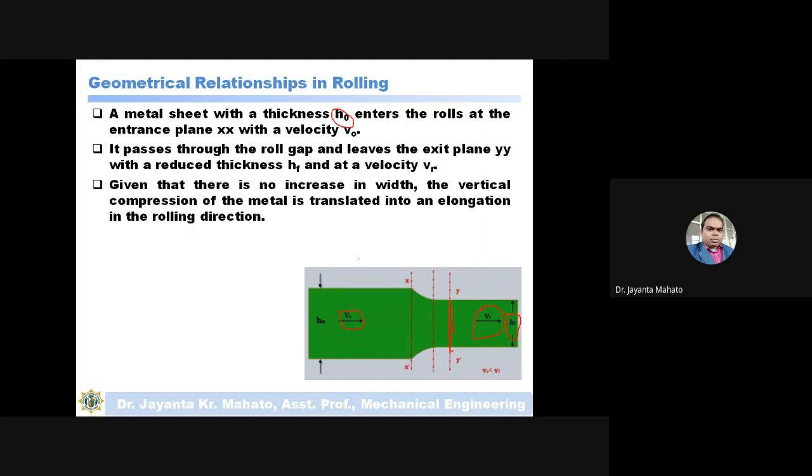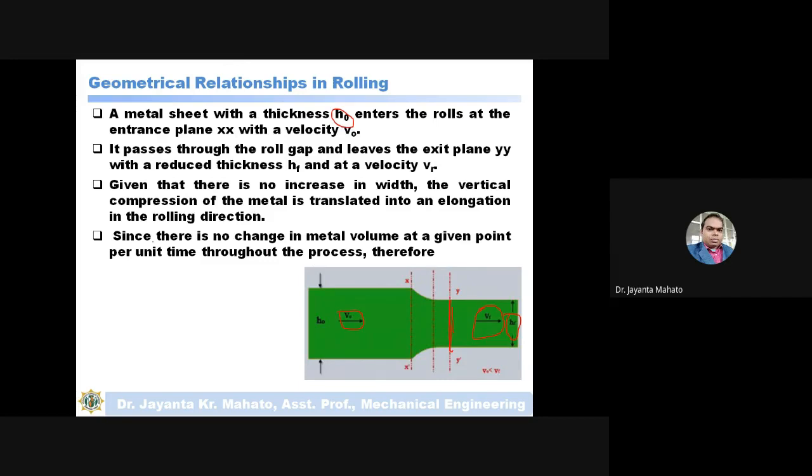So from the geometrical consideration, the volume before the deformation is H naught into V naught into B, where B is the width of the material.